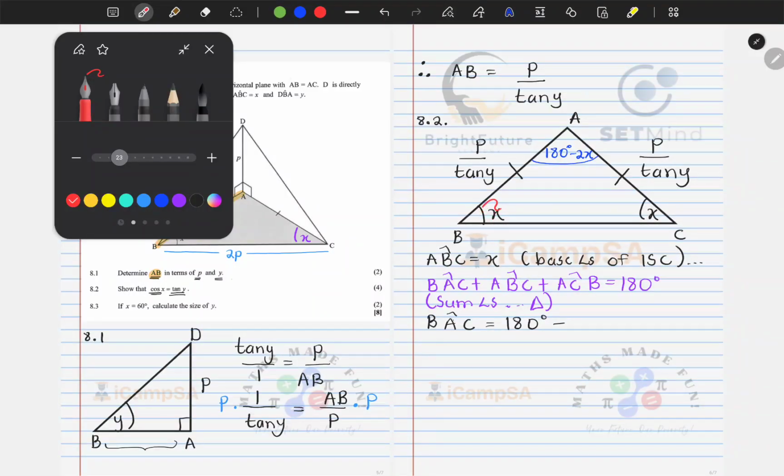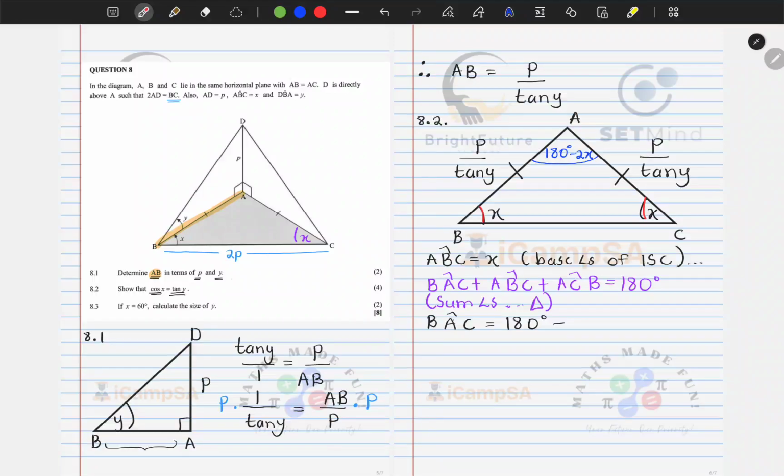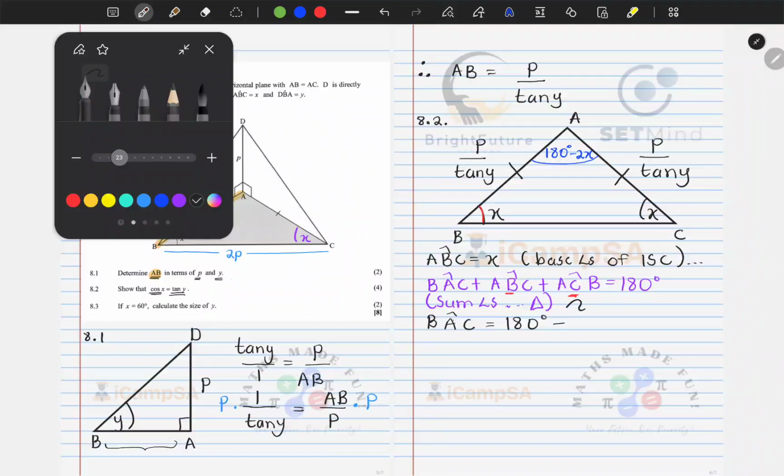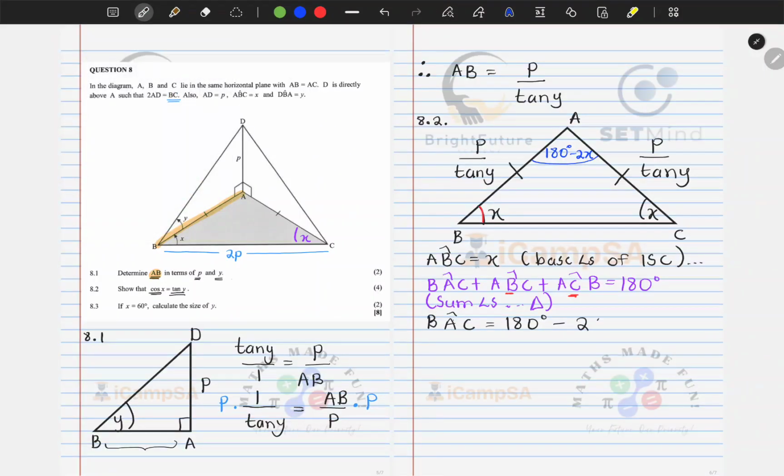So this angle here and that angle, they are equal. So meaning the angle which we see here and the angle which we see there, they are equal. So we can say minus 2 times, if you look carefully, angle ABC, which will end up being 180 minus 2x. Okay, done with that, we've shown why that is.